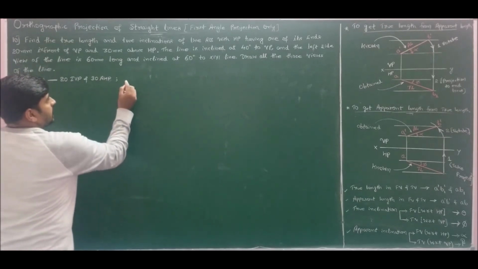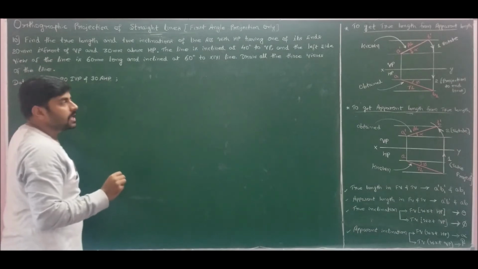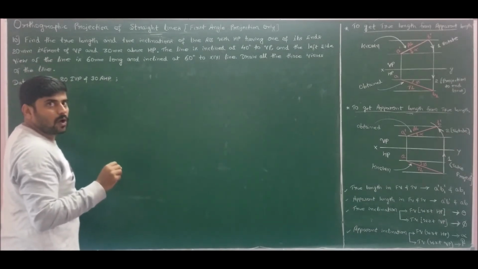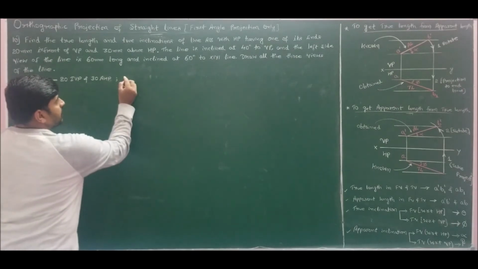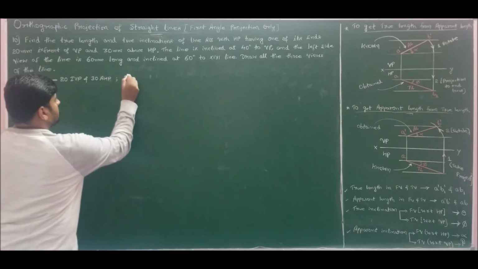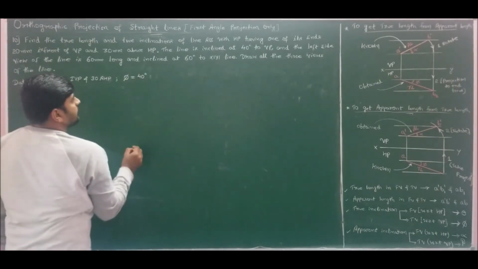The line is inclined at 40 degrees to VP. Since he has not given any preposition like appears to be inclined in the top view or front view, it is a true inclination. Since it is inclined at 40 degrees to VP, I should show it on HP. So what he has given is phi, which is 40 degrees.